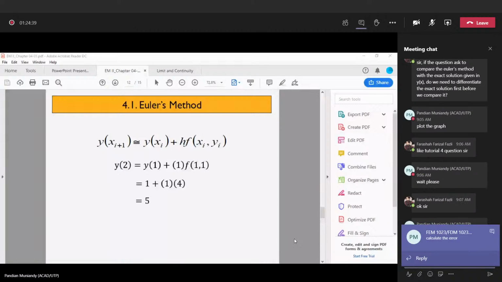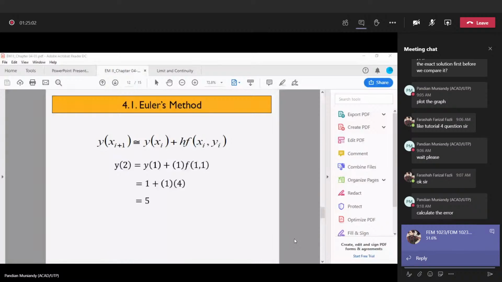Please calculate the error. So the true value at x equals 2 is 31 over 3 minus the predicted value at x equals 2, which is 5, so 31 over 3 minus 5 divided by 31 over 3 multiplied by 100%. So what is your answer?